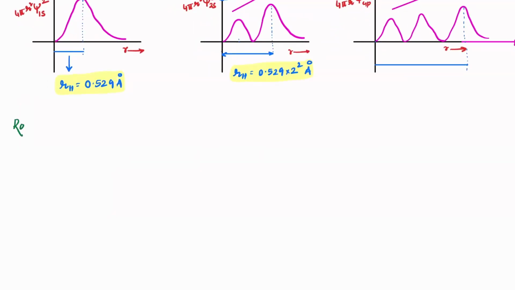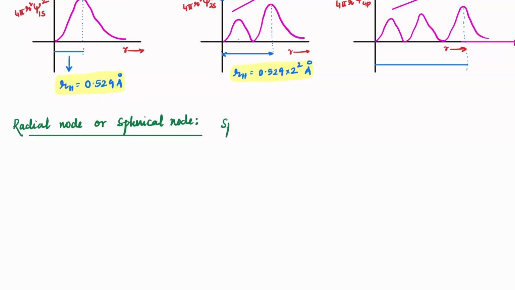Let's check this out. Radial node, also termed a spherical node. So what does that exactly imply?